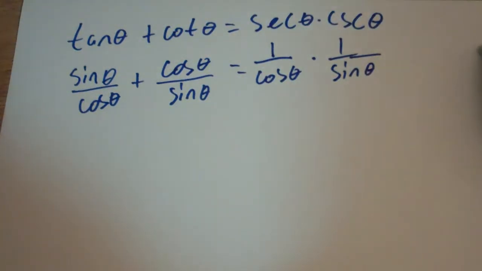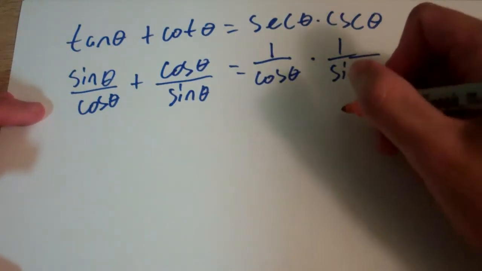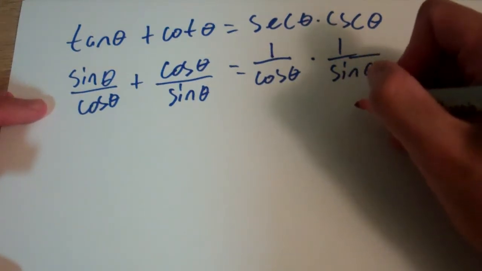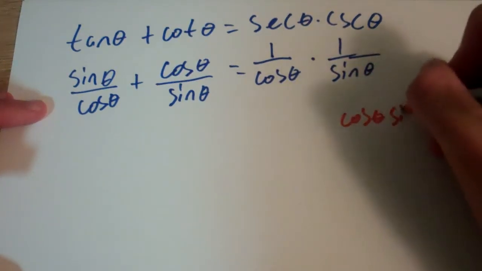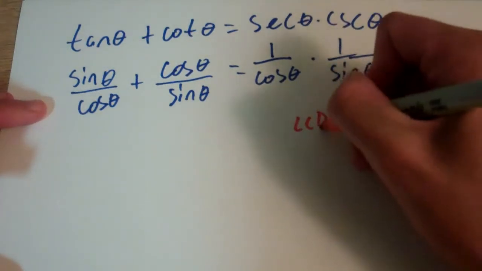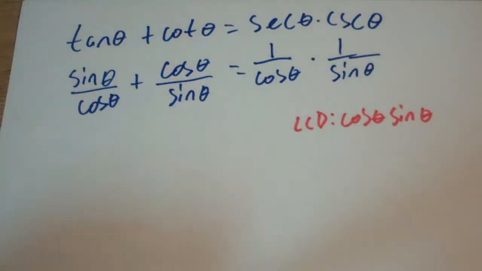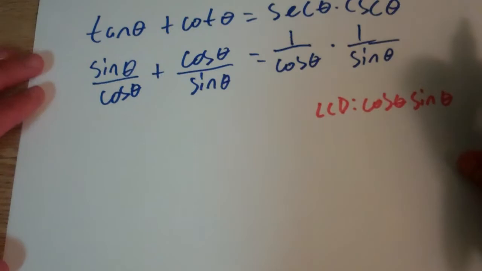This is going to be my LCD, my least common denominator. We're going to call it cosine theta sine theta. So that's my least common denominator. I'm sure you're really familiar with adding and subtracting fractions by now.